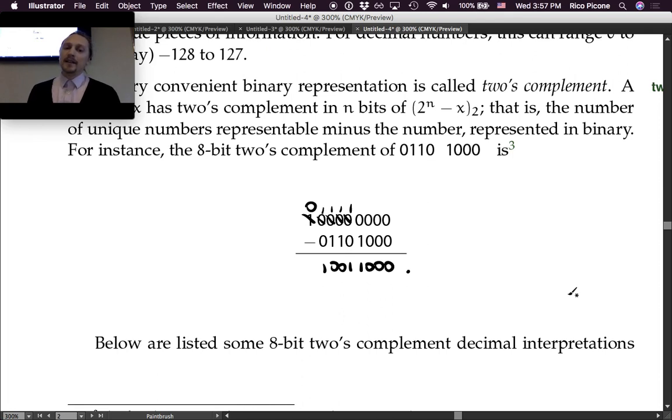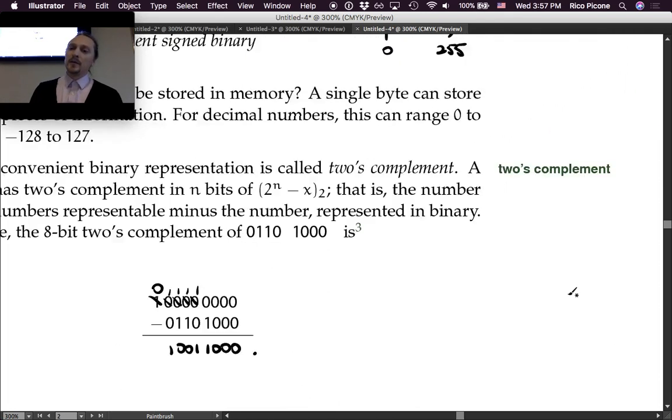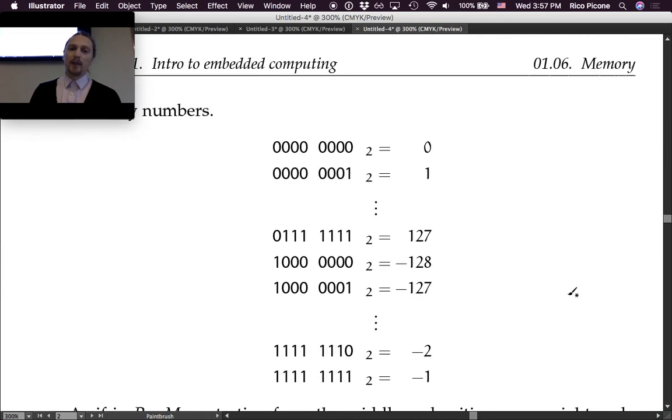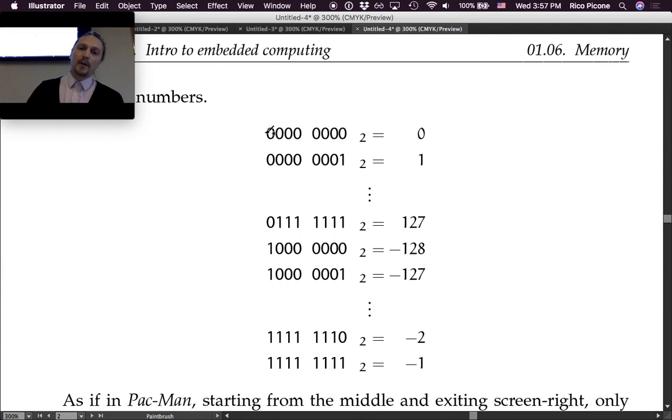Below are listed some 8-bit 2's complement decimal interpretations. So let's look at these. If we start off at 0, so all zeros in binary, this corresponds to 0 in decimal, right? Just like before. And 1 in binary is 1 in decimal. And as you keep increasing, this is the same as before, all the way up to 127.